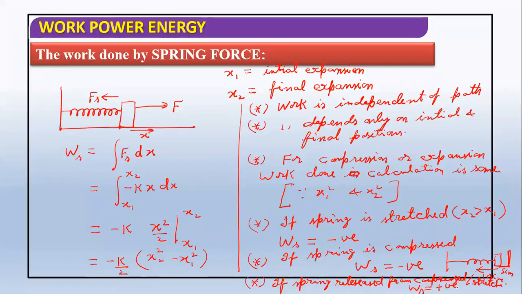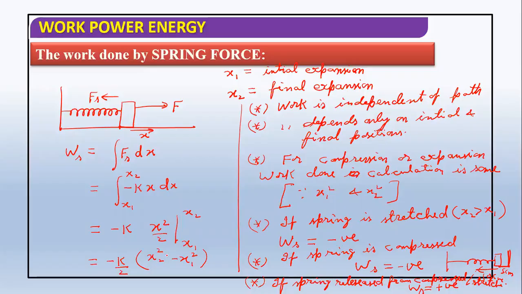Why is it positive? Suppose it was expanded and it is relaxed now. So the initial expansion x1 will be more, and now if it is released, it will try to go back. So now the spring force is in the direction of displacement. If you expand a spring and release it, it moves towards the mean position, so the spring force is in the direction of displacement. So work done is positive.